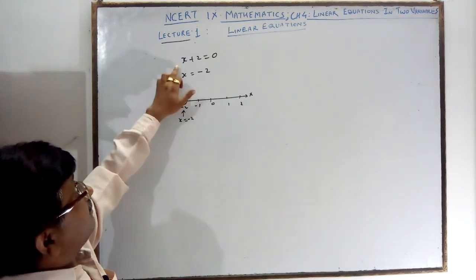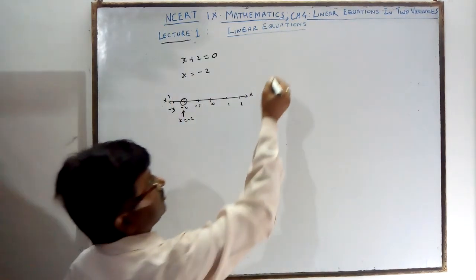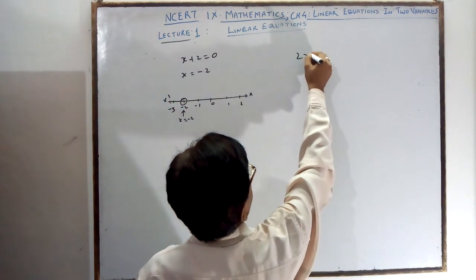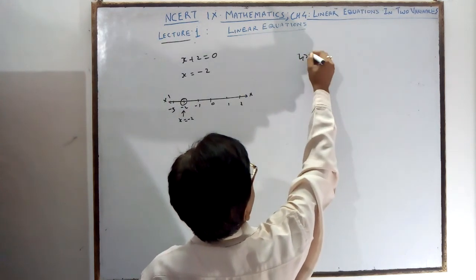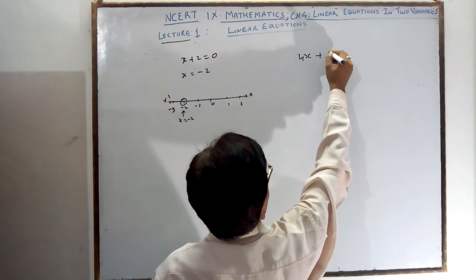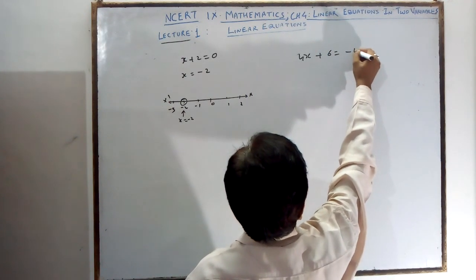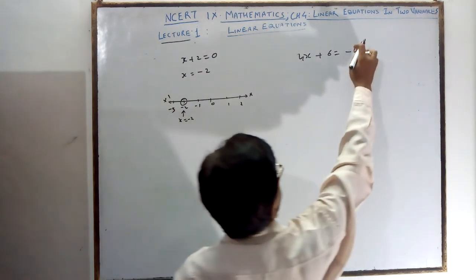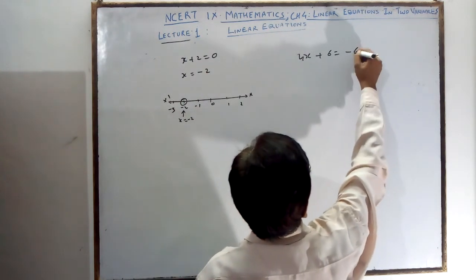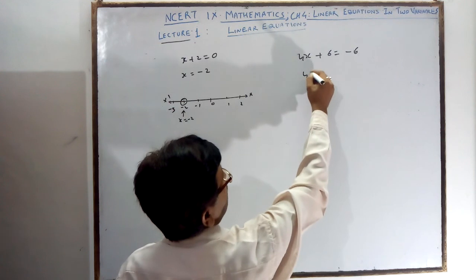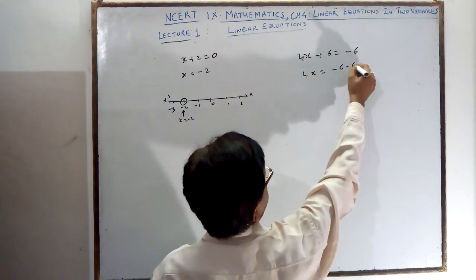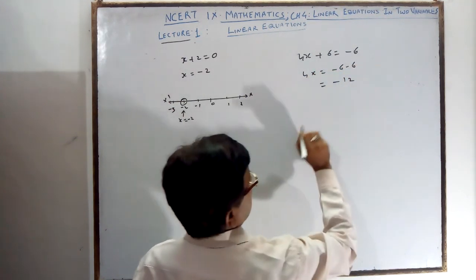But when two variables are used, any question like this is given: 4x plus 6 is equal to minus 4, so r minus 6. What will you get? 4x is equal to minus 6 minus 12.